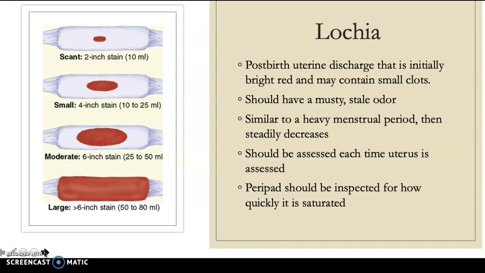And we're going to start quantifying, measuring, and weighing to see how much loss she has. And then we're going to put her on a postpartum hemorrhage protocol. I'll go over that in the next slide. I'll show you a whole slide. I have the University of Utah's postpartum hemorrhage protocol, and I'll show you what that looks like. Each hospital has their own postpartum hemorrhage protocol, but the University of Utah has a really great one. So I'll show you that later.